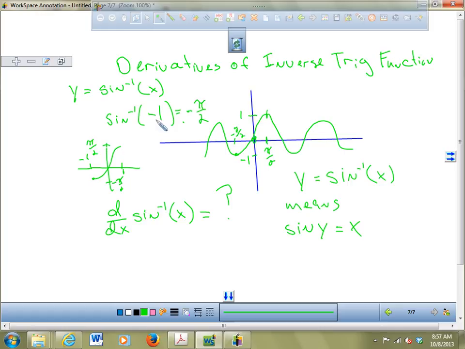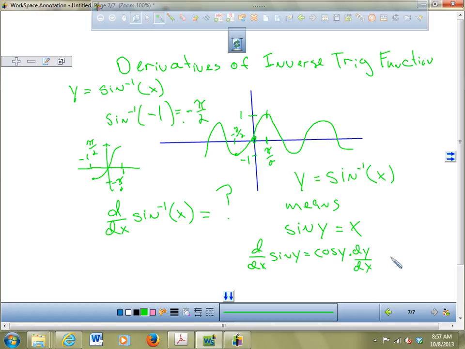Okay? And so to find the derivative of this thing, what I could do is implicit differentiation. So what's d dx of sine of y? Cosine of y times y prime, which I'm going to call dy dx.